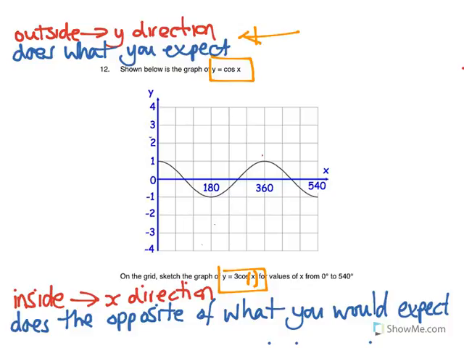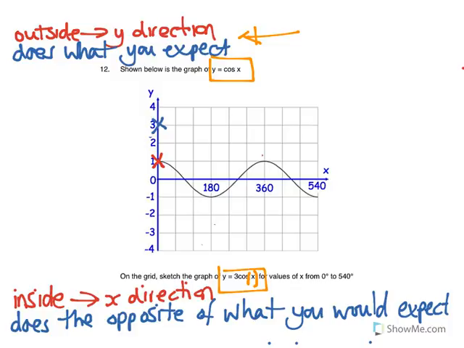Okay, so we know our transformation is going to be in the y direction, and that means that it does what you expect. So we're having 3 lots of cos x there, so that means we're going to be timesing all those values by 3. So we need to pick our key points again. So our first one is here, and currently that coordinate is at 1. I need to times that by 3, so it will go to 3.